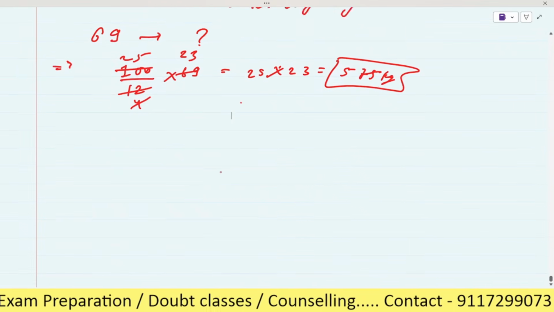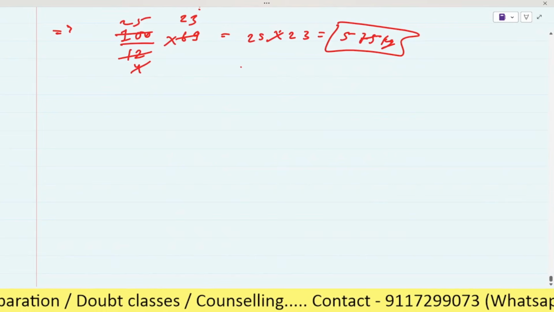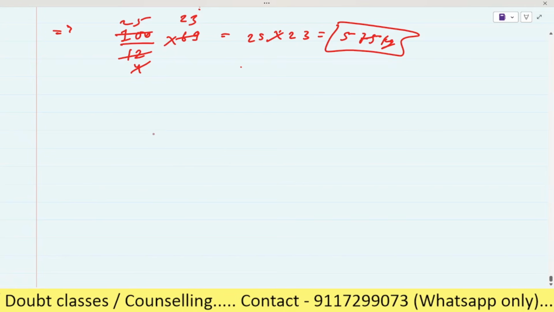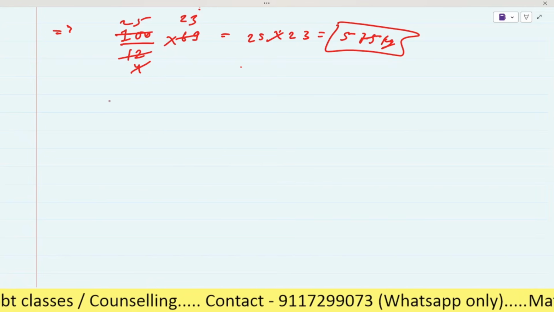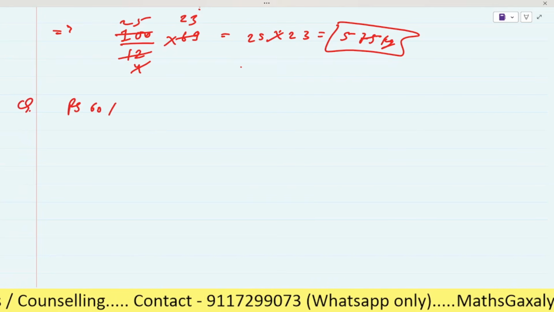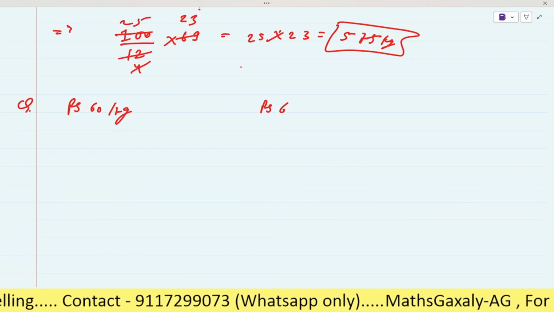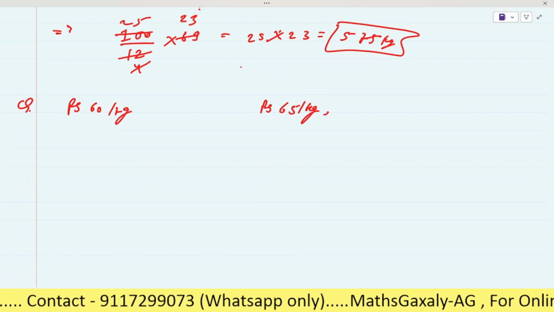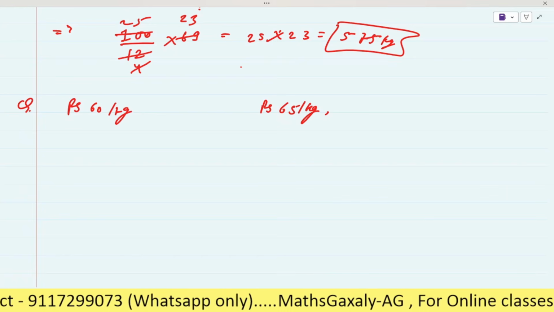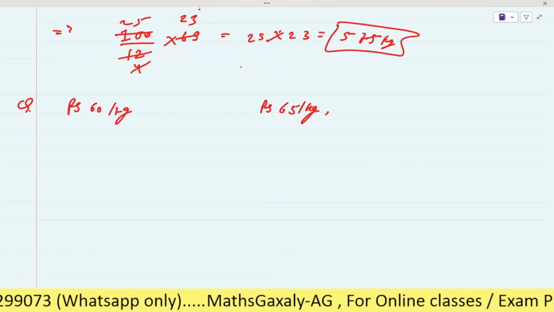Okay, dear, no problem. You mentioned he may gain 10%, I didn't understand what that means. See, here it is saying in what ratio must a grocer mix the tea at rupees 60 per kg and rupees 65 per kg, so that by selling the mixture at rupees 68.20 per kg he must gain 10%.